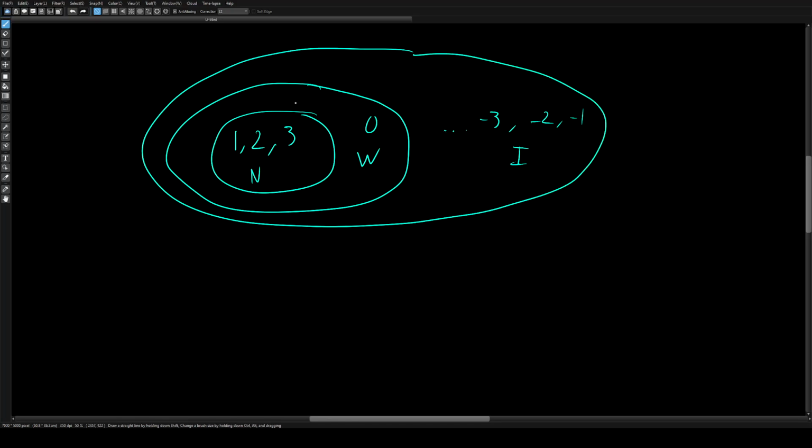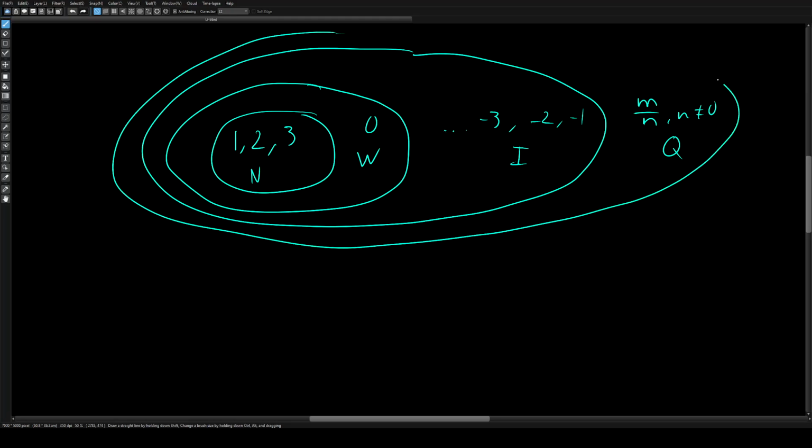So hopefully you can kind of see where I'm getting with this. And then here we go with rational numbers, where we have fractions like m/n, where n is not equal to 0. This would be a rational number, which I will define as Q. So kind of visualizing this, we can kind of get a grasp of how each set of numbers works together.